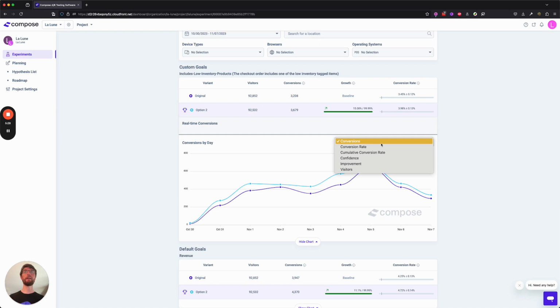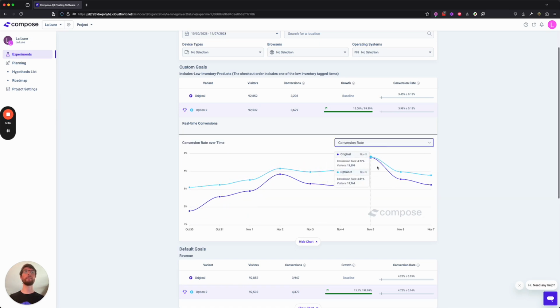We can also change this chart and get other kinds of insights into this data. For example, we can look at conversion rate. So this shows us conversion rate per day. And to start off, we can see those conversion rates were 1.78% for the original and 3.11% for option 2.